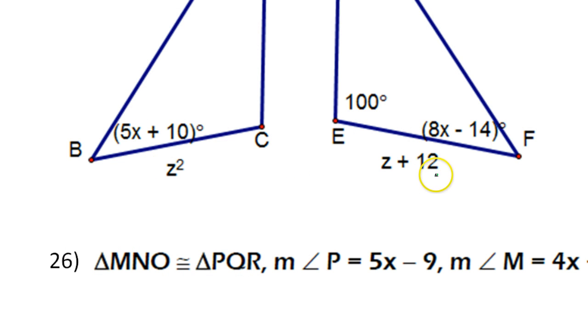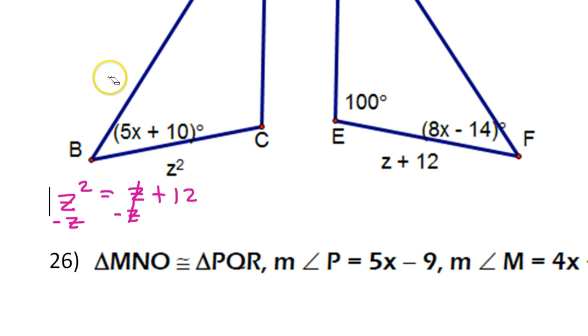All right, let's talk about z. These two segments are corresponding sides, so that means z squared should equal z plus 12. I see the z squared and the z. There's no way to get z by itself, so I'm going to get everything on one side. So I am going to subtract z from both sides.